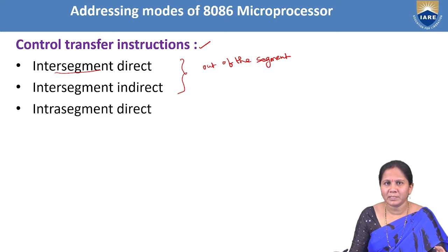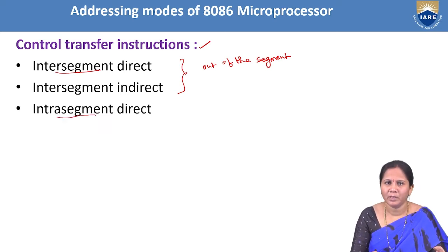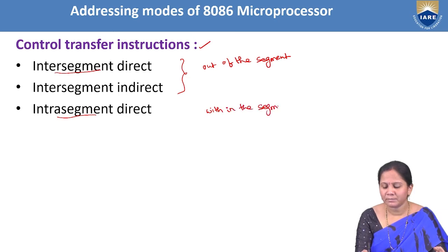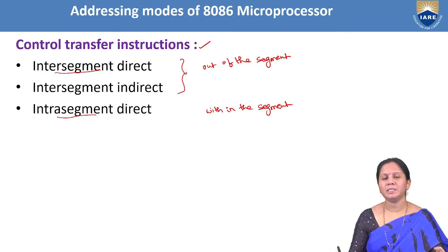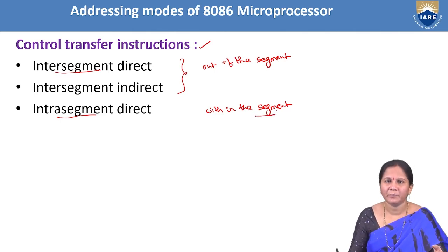Another type is intrasegment addressing mode. Intrasegment means within the segment. That means the predefined address we are specifying in the instruction will be present within the segment.